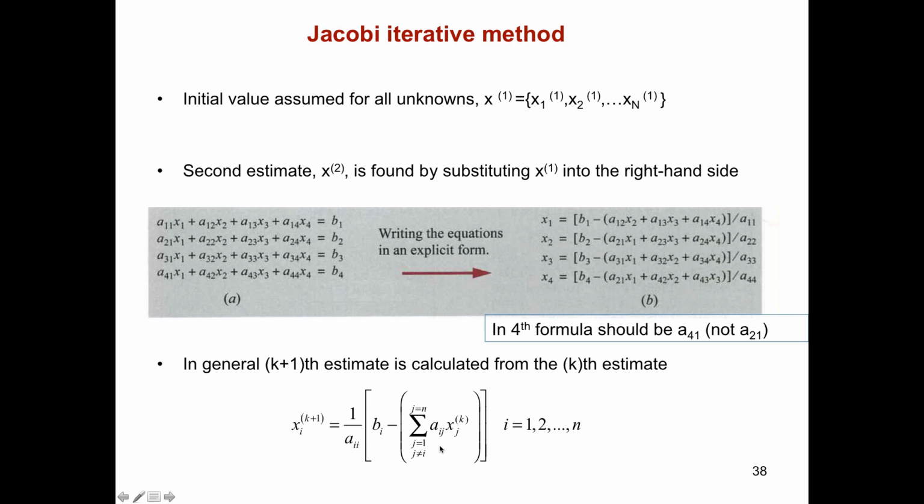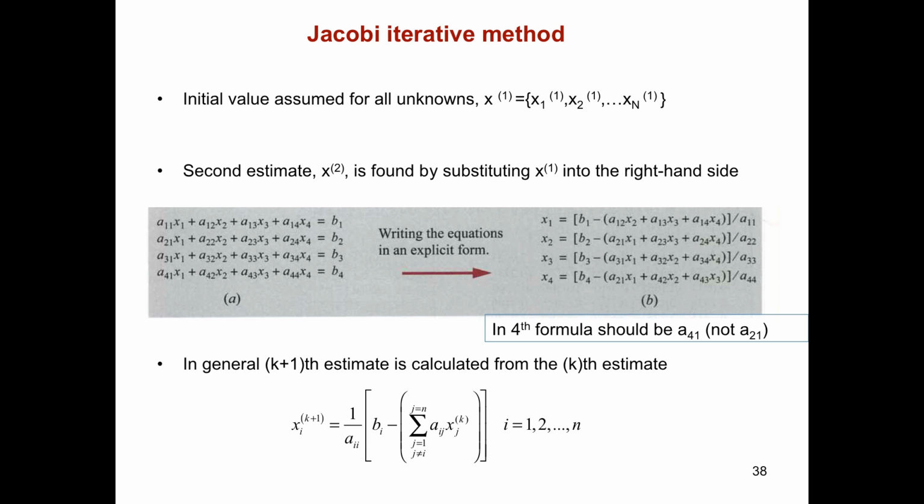This is the Jacobi method. The other two, Gauss-Seidel and the successive over-relaxation method, differ just in what information I use here for xj.